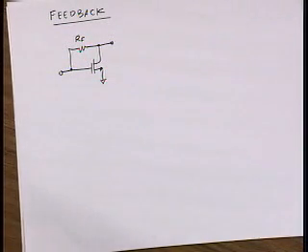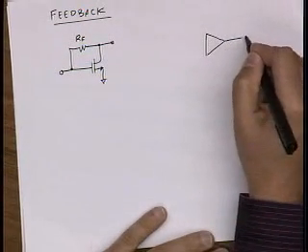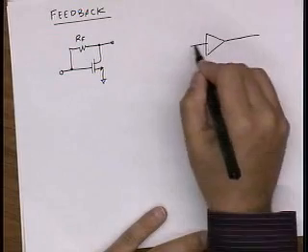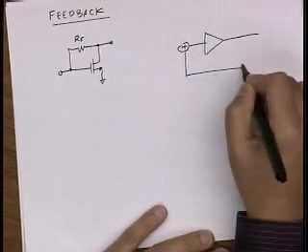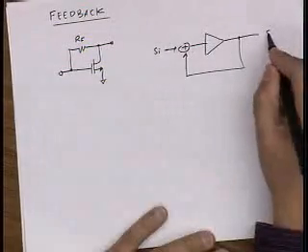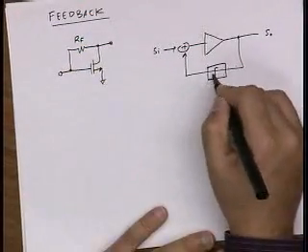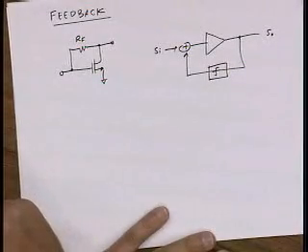Because usually, in our ideal model of a feedback amplifier, if you look at it, there is no feed forward. So I have my input signal, I have my output signal, and here's my feedback signal.